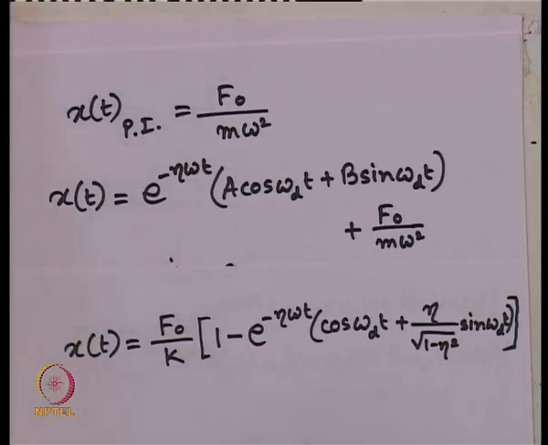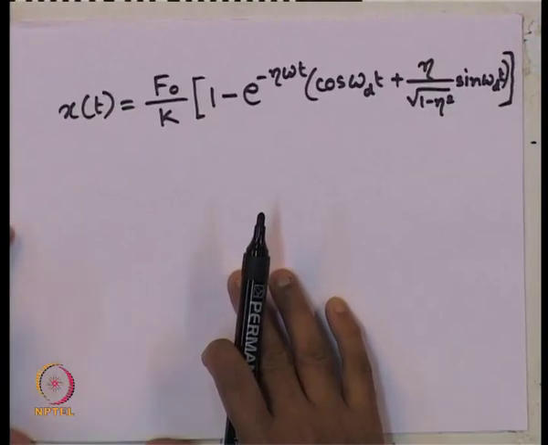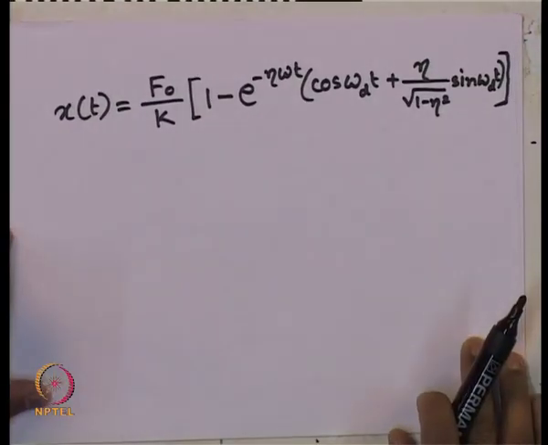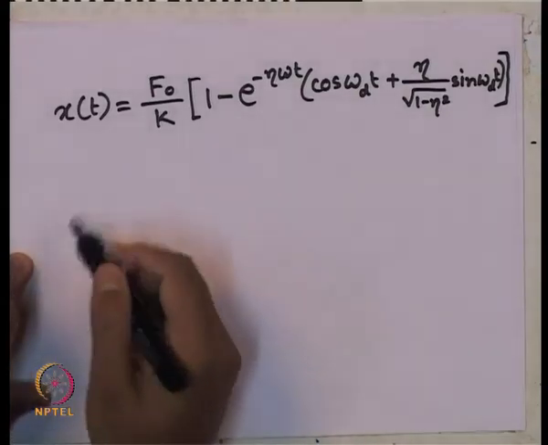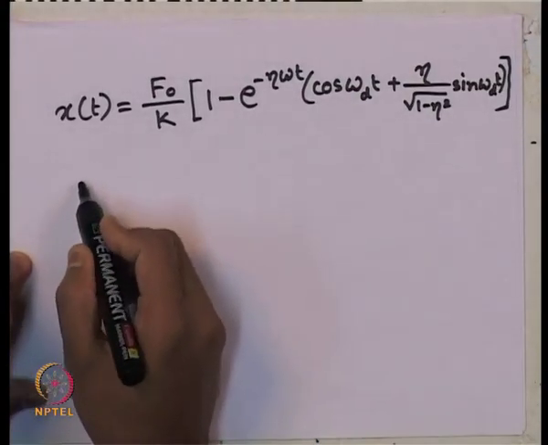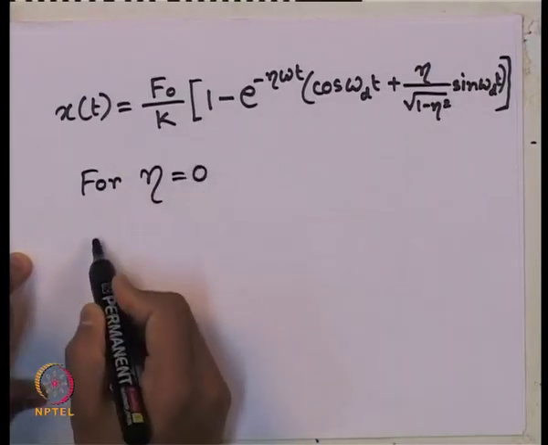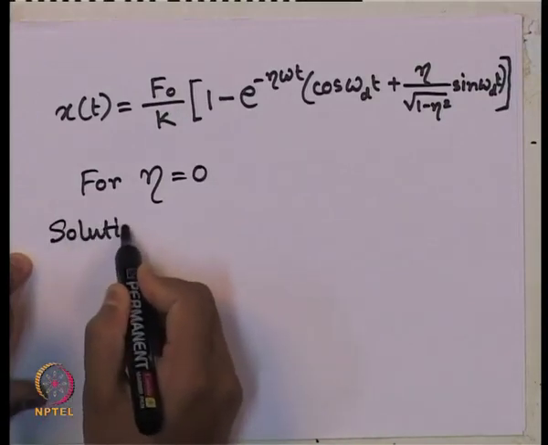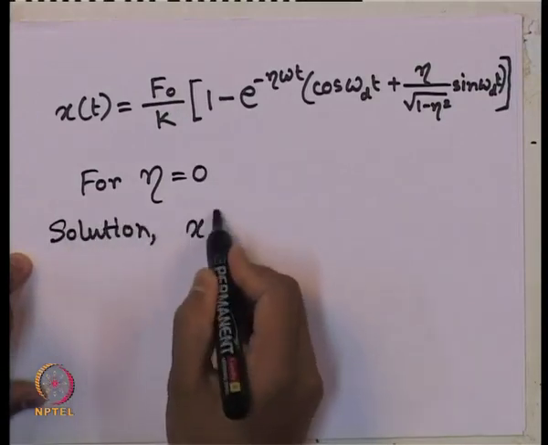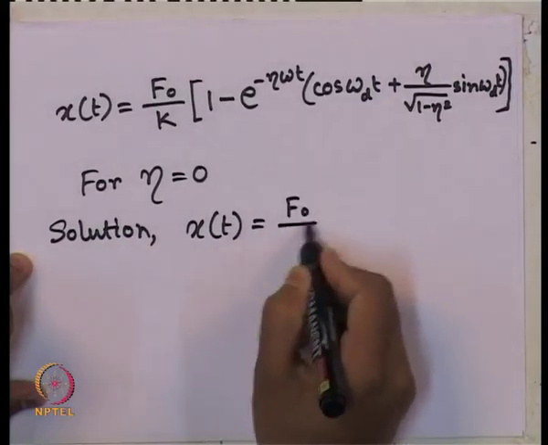Okay. Now, if the complete solution of the system is known to us, how should the response look? Let us look at it. Let us first take the undamped case. For the case eta equals 0, what is the solution? For the undamped case, the solution x of t is nothing but f naught by k.